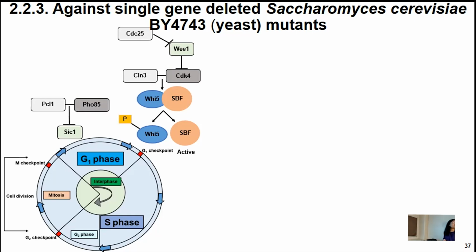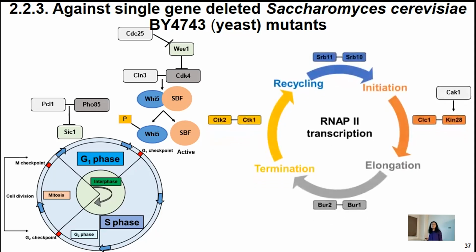Along with the cyclin and cyclin-dependent kinases, there are other cyclins, cyclin-dependent kinases, activators, and inhibitors that regulate this cell cycle process. And cyclin and cyclin-dependent kinase not only regulate the cell cycle process, but also another process, which is the transcription process. During transcription, mRNA is formed, with initiation, elongation, termination, and recycling, and all these steps are highly regulated.